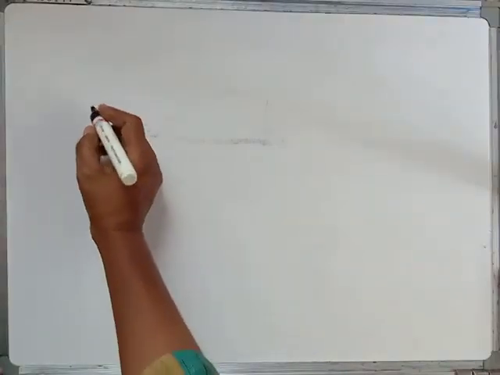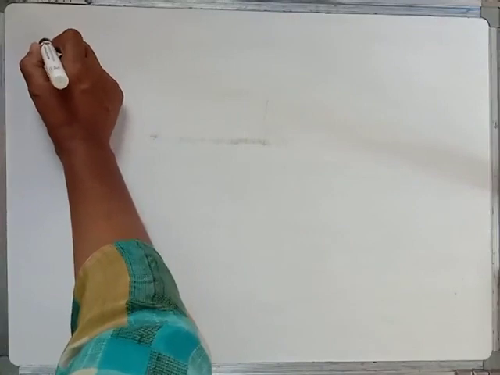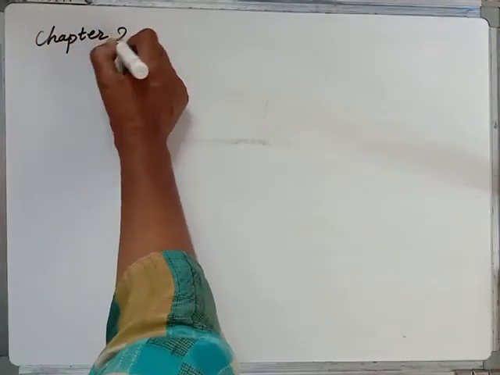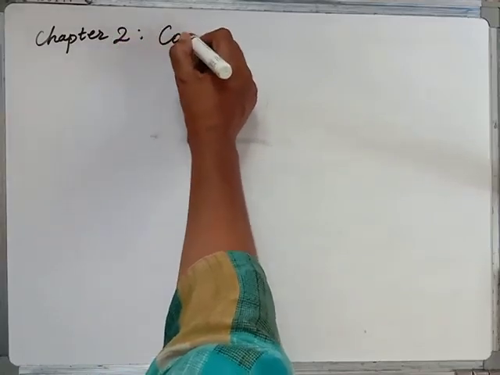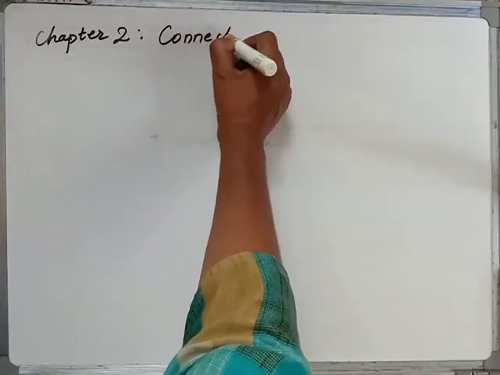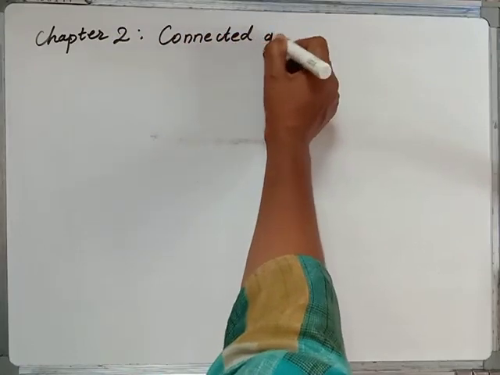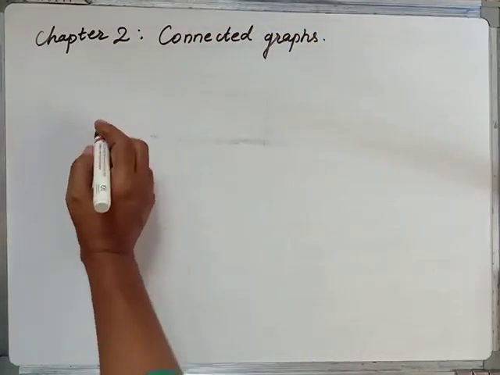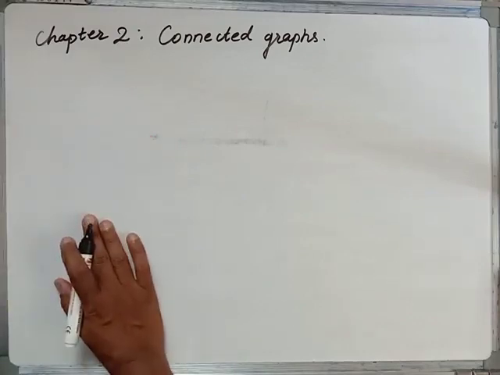Hello students, now in this video we will start chapter 2 of graph theory, that is connected graphs. In chapter 1 we defined basic terminologies of graph and introduced concepts like matrix representation of graphs, operations on graphs and isomorphism.